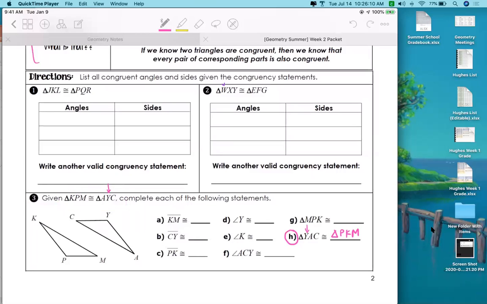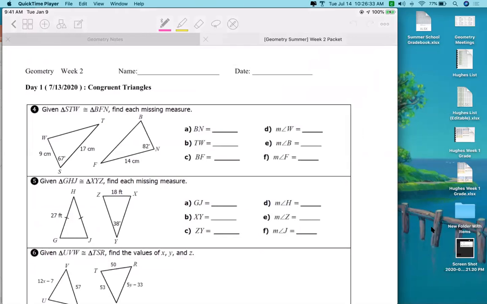So it would be 1. And then I start with the A, so this is 2. And then C is 3, so this is 3. Make sense? Okay. All right, so let's look at the next page.